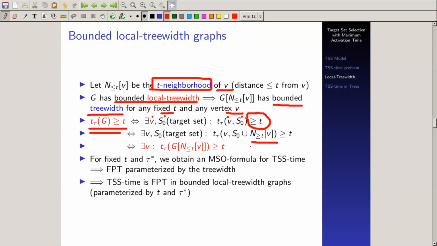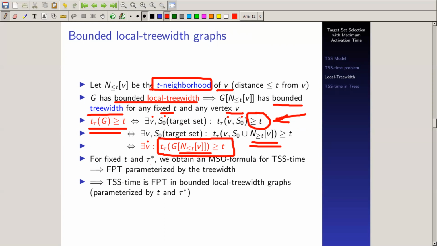If we include all vertices at distance at least t from v, these vertices cannot decrease the activation time of v. This implies that there is a vertex v such that the maximum activation time in the graph induced by the t-neighborhood of v is at least t.